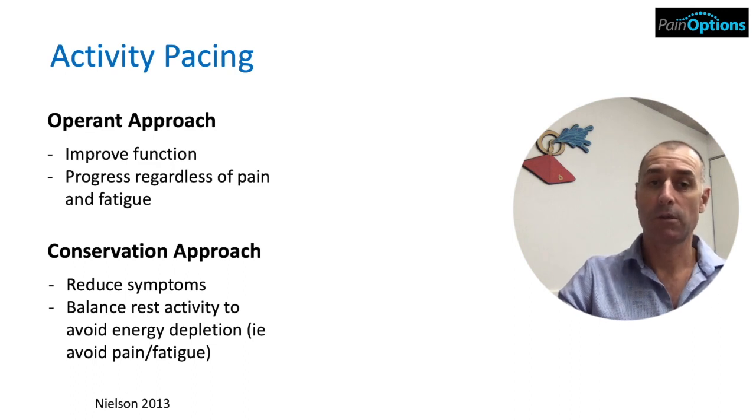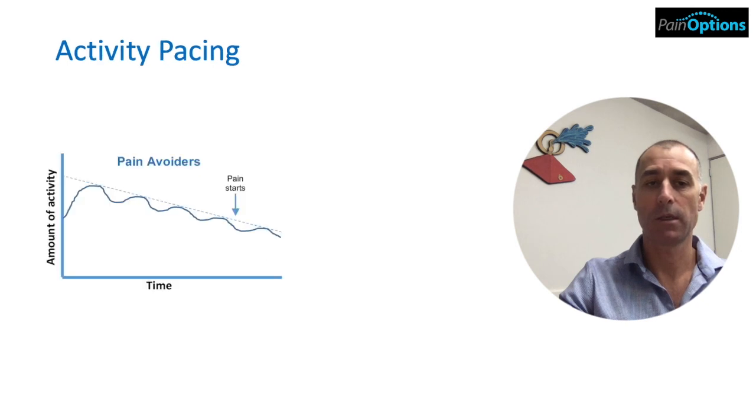There's certain conditions where that's relevant, but generally with a lot of the patients we see that's not the approach. We would do the conservation approach where you're trying to reduce their symptoms by getting the balance right between activity and rest. So that's where you require careful education and guidance of their exercises.